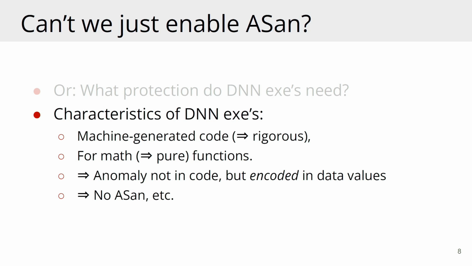And they're mostly for mathematical functions, which means they're pure, and won't do something like interacting with the rest of your OS. These two factors mean that anomalies in DNN executables often do not show up in code, but are instead encoded in the concrete data values generated throughout the execution of the binaries. Therefore, traditional techniques like ASAN are not very suitable for this case.